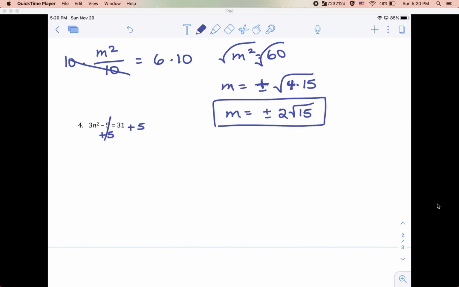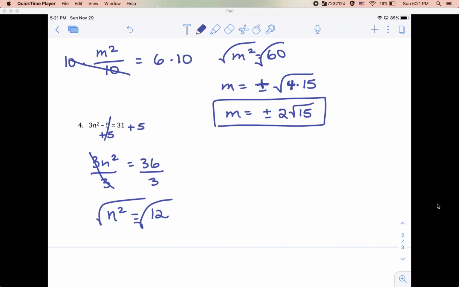Example 4: 3n squared minus 5 equals 31. So we're going to add the 5. 3n squared equals 36. Divide by 3. n squared equals 12.